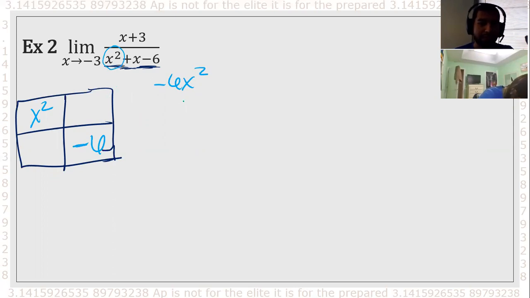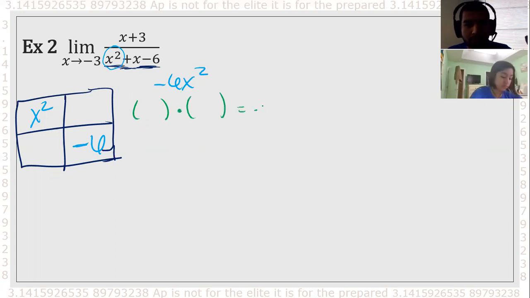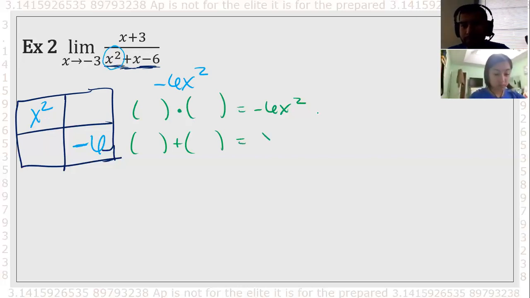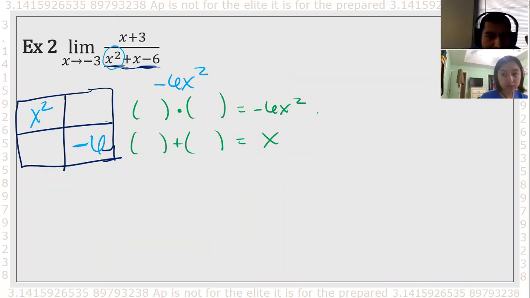So you're thinking of two numbers that multiply to -6x squared and add up to x. Don't forget the x's on the values.